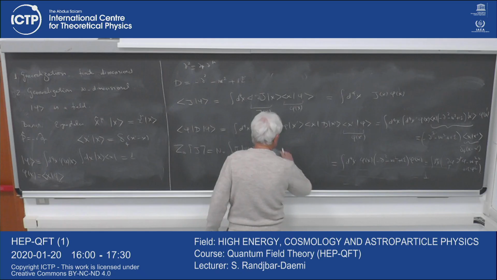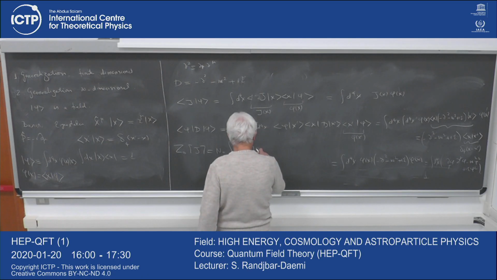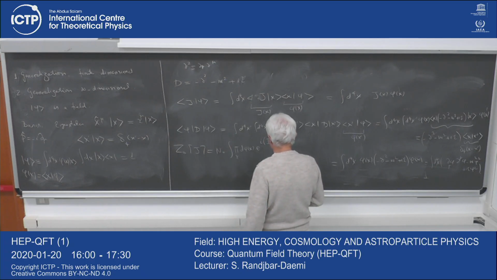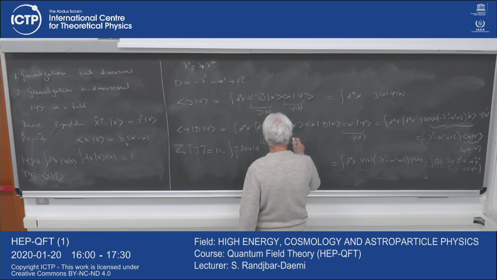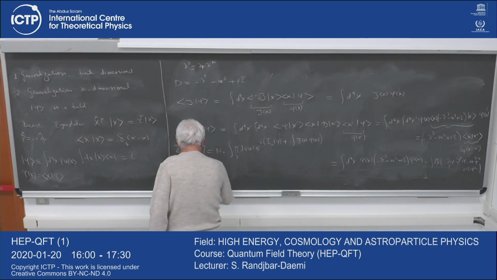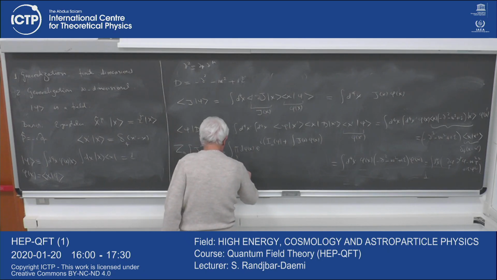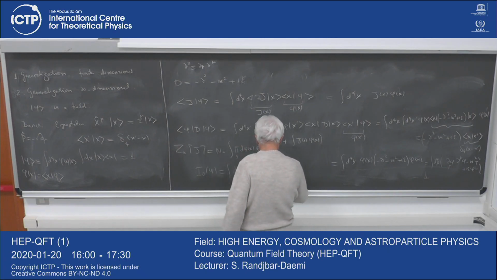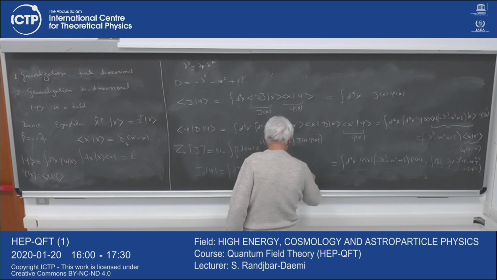And exponential of I, let me shorten the notation and write this as I0 of phi plus, I'm writing in terms of components now, where I0 is what we obtained there, d4x phi minus d squared minus m squared plus I epsilon times phi.